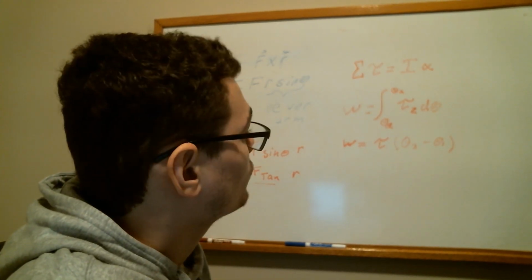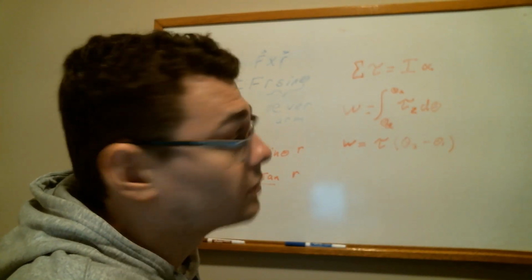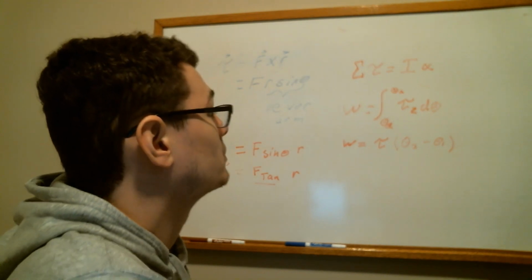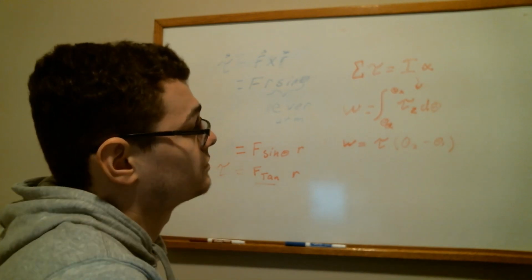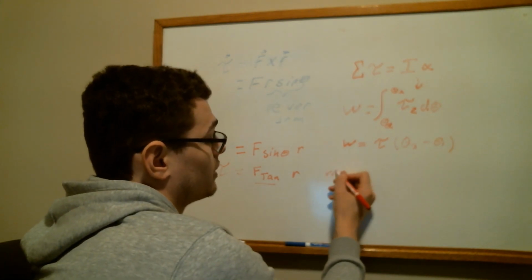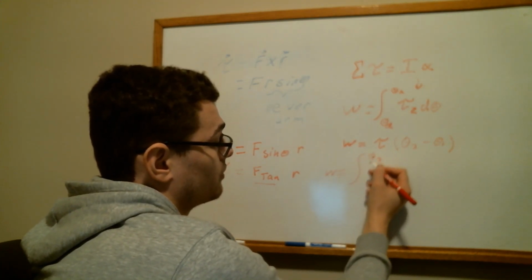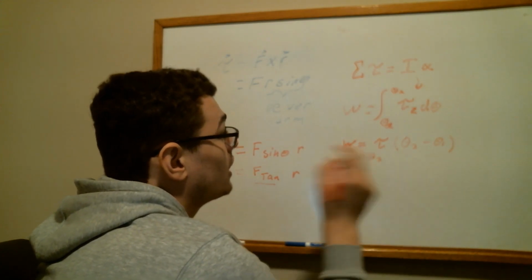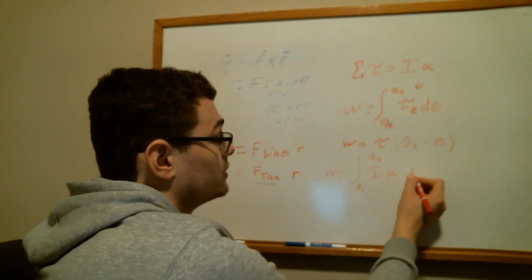And remember, one manipulation that we can do here is when we're talking about what torque is equal to, we can plug this in here and make some adjustments. So we can say then that the work is going to be equal to the integral from theta 1 to theta 2, and when we plug this in, we have I alpha d theta.